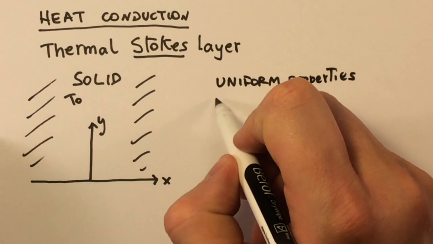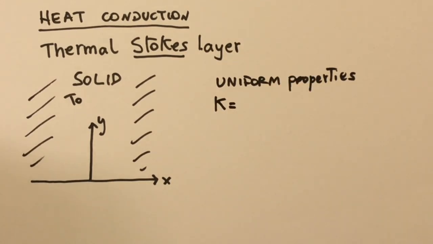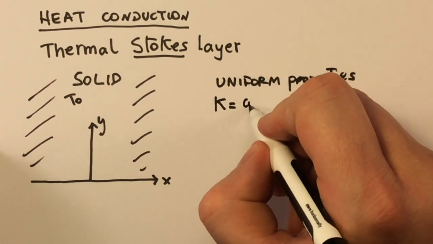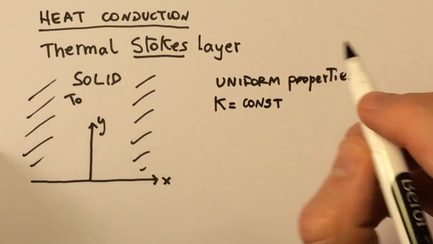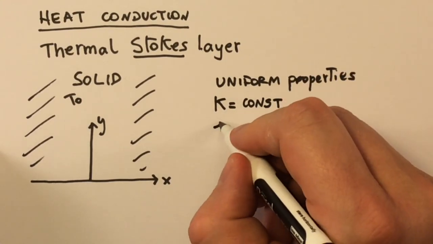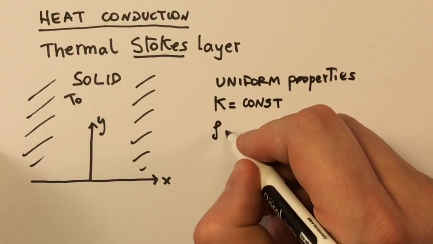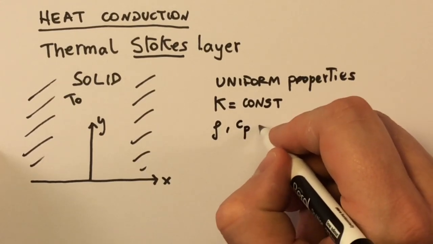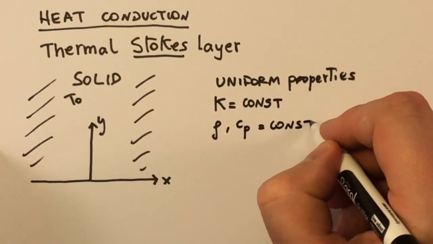So we have a K, the thermal conductivity is constant, and so are rho, the density, and the specific heat, so they're all constant.